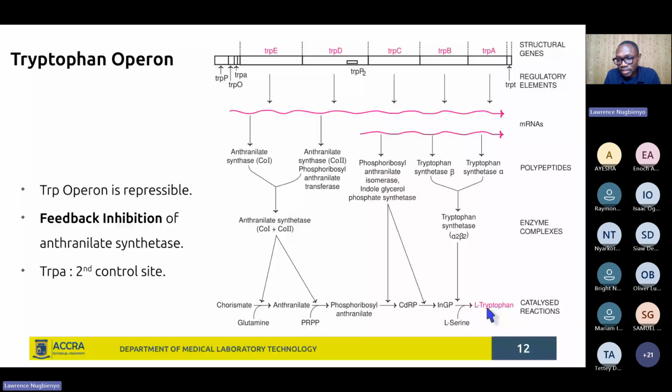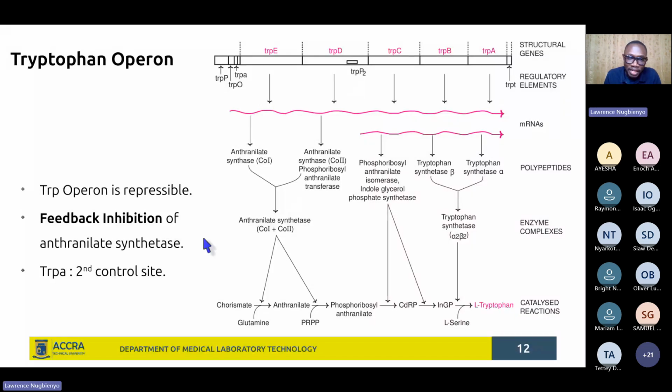But that tryptophan acts as an inhibitor to one of the enzymes that are produced in the process, anthranilate synthetase. That is referred to as feedback inhibition.